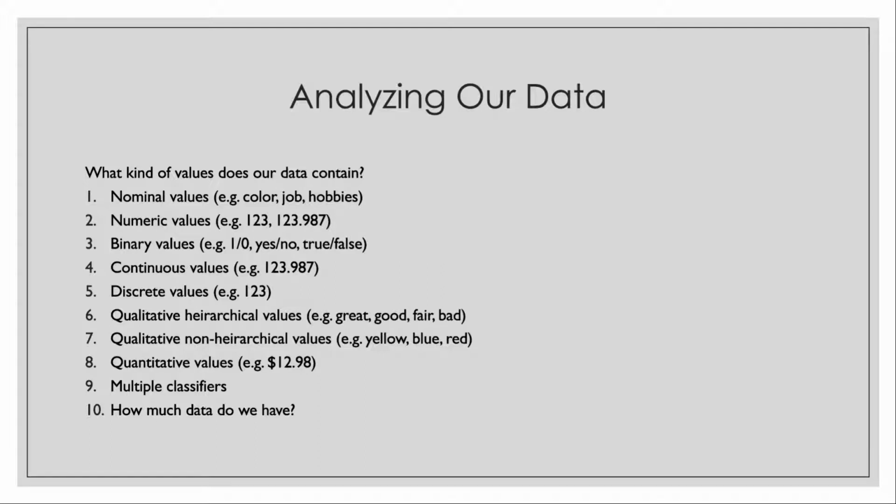Within the nominal values we can have qualitative, hierarchical, or non-hierarchical values. And numeric values can also be quantitative, like money. We also want to see if we have multiple classifiers, and how much data we actually have. The more the better.